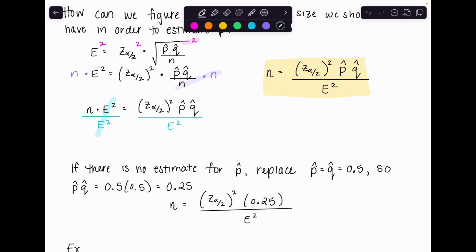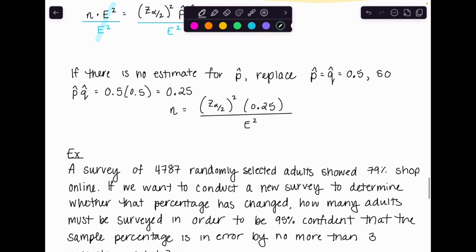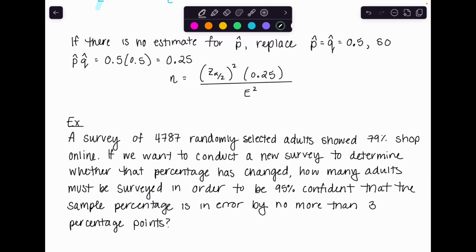So we're going to do just one last example where we need to figure out what I should make my sample size. A survey of 4,780 randomly selected adults showed that 79% shopped online.